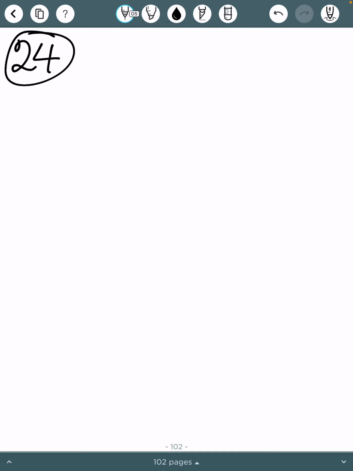In question 24, we are told that the sum of the first n terms of a series is given by Sn equals 5n squared minus 2n.